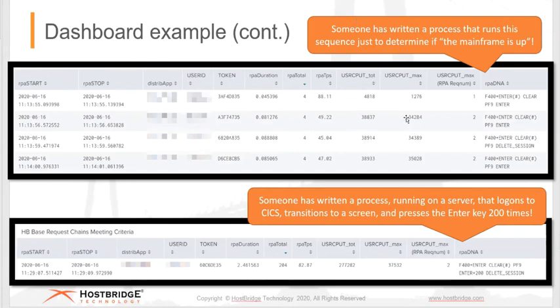Also, notice the CPU time. And I'll tell you a story about this. We began to particularly notice that some of these transaction interactions were having an absurd amount of CPU consumption. 34,000 microseconds on a modern mainframe is a lot of time. And so we were able to dig under the covers to see what was going on.